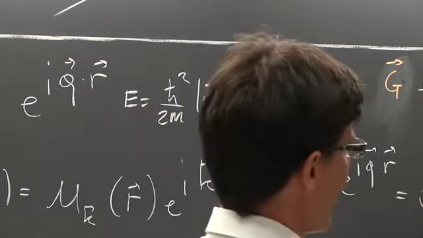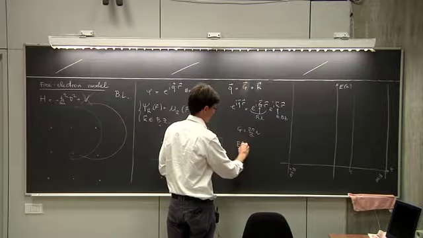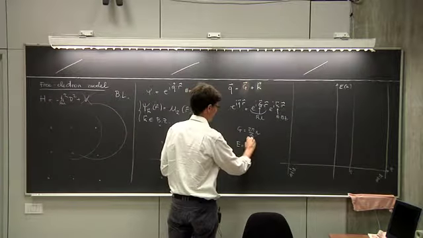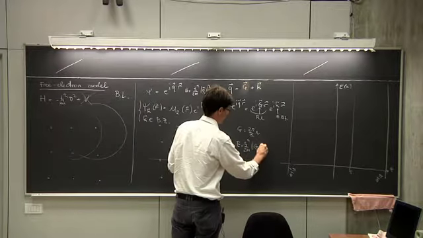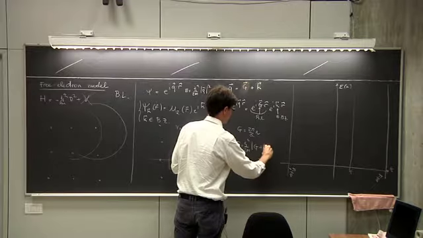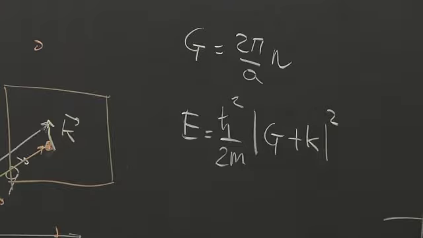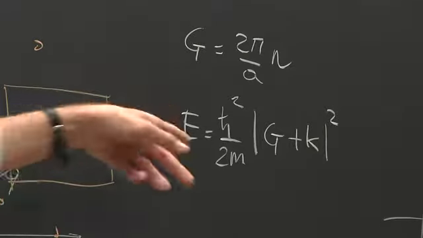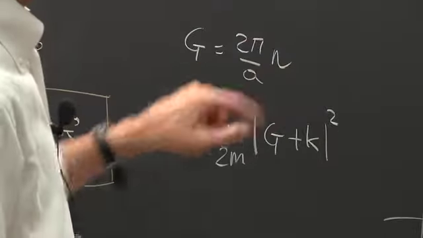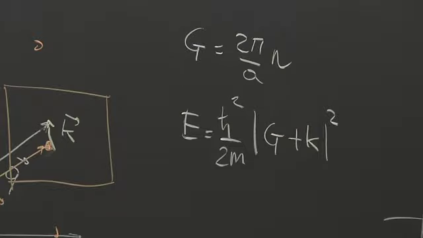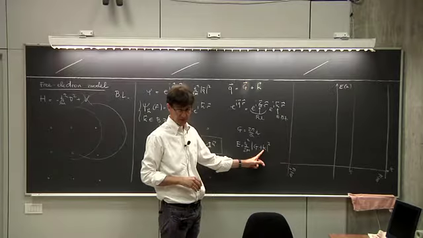Which means the energy, if I write it in this form, will be h bar squared over 2m, let me do it in one dimension, because I'm dealing with one dimension, (G plus k) squared. I'm removing the vectors because we're in one dimension. And G can take these values, 2 pi over a times n. And I fix k. So k is fixed.